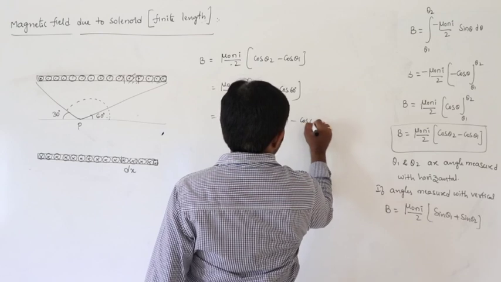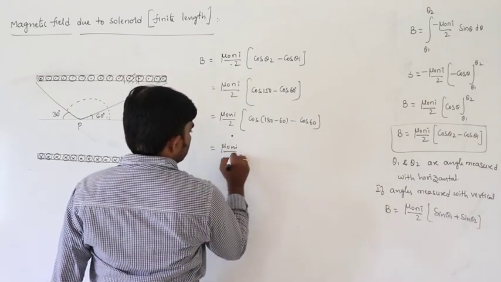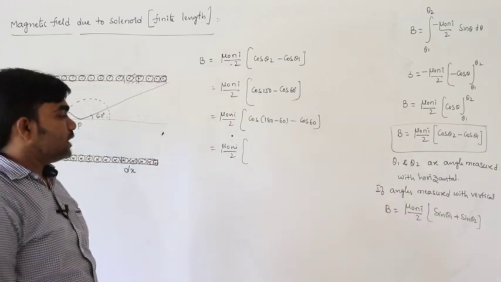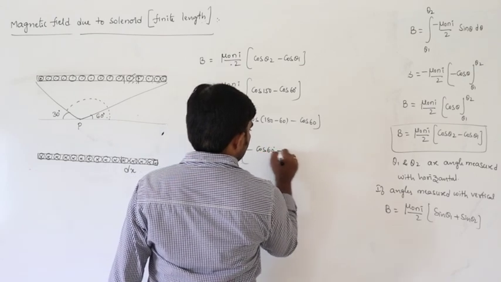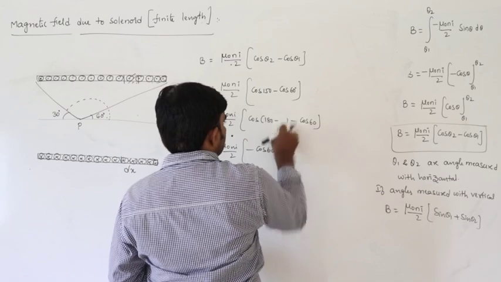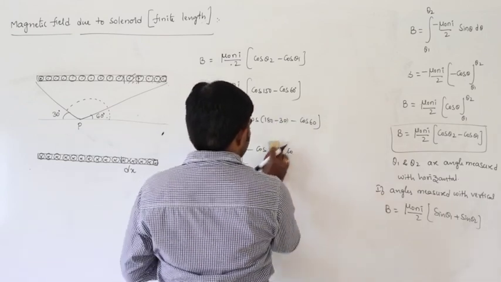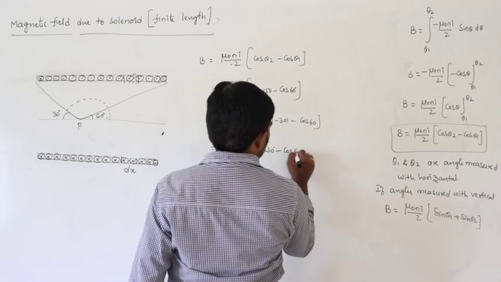That is mu naught Ni by 2 into (cos 150, which is cos of 180 minus 30, minus cos 60). In the second quadrant cos is negative, so cos 150 is minus cos 30.